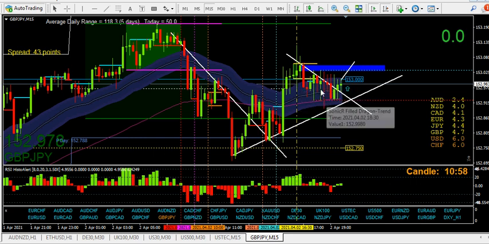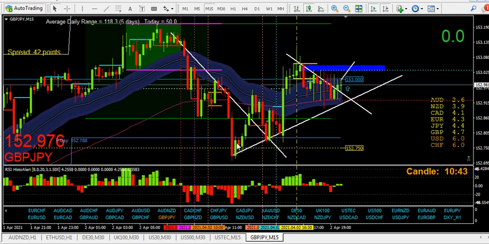So this has just been an exercise in absolute patience and discipline. Draw your plan on your chart, and then under normal circumstances, say for example this was running into a normal American Open, or a normal Frankfurt Open, not a bank holiday, we would expect this to explode and potentially go and test.